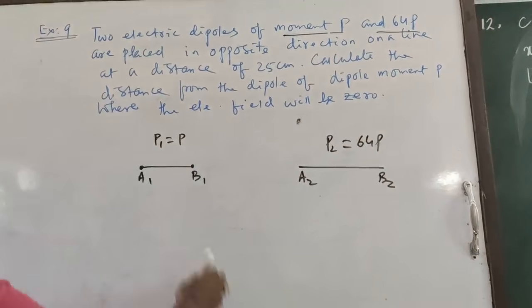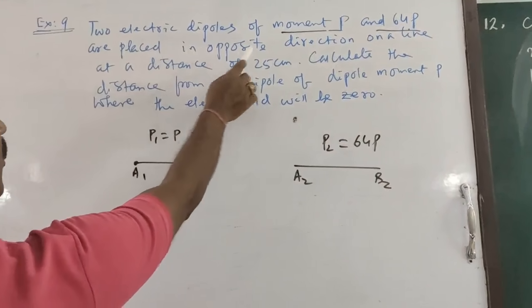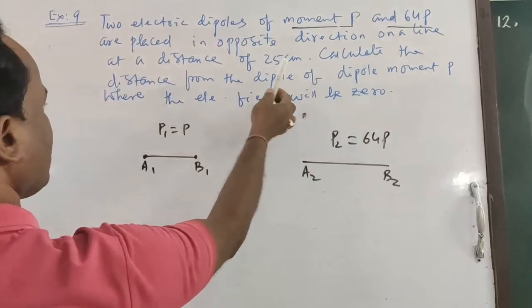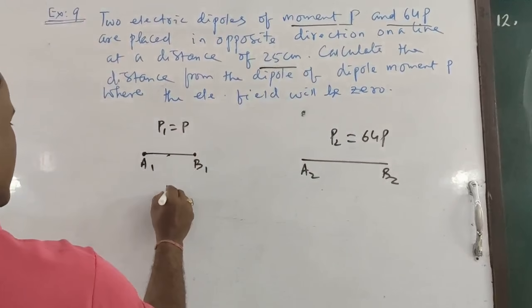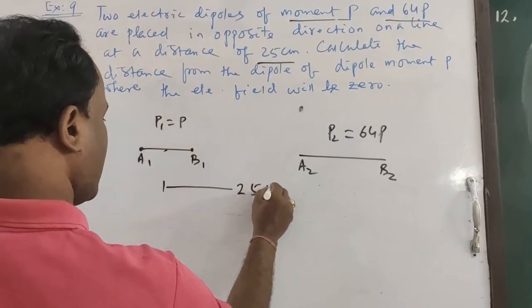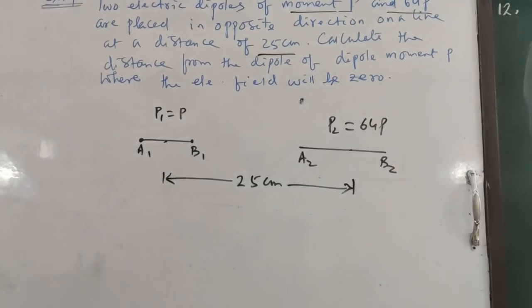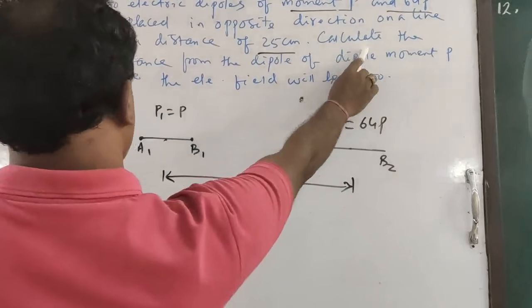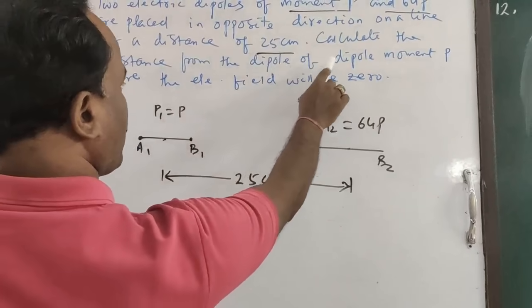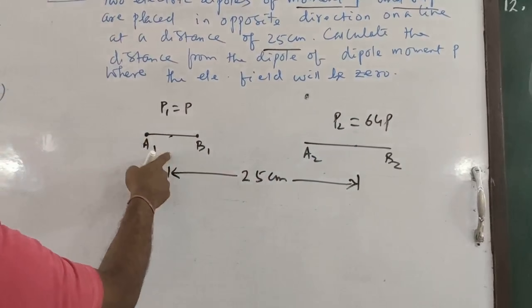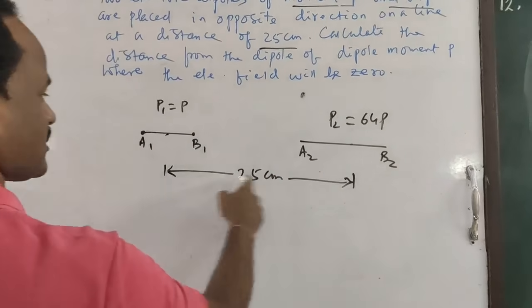Clear? And they are placed in opposite direction on a line at a distance of 25 centimeter. Next, calculate the distance from the first dipole.